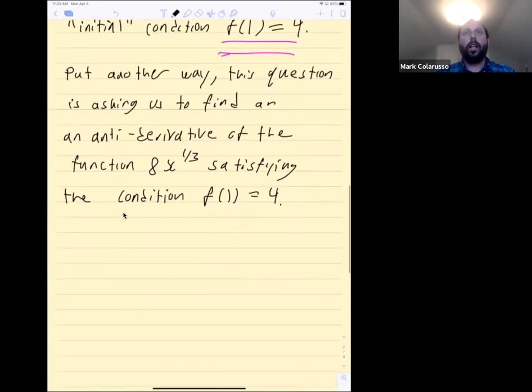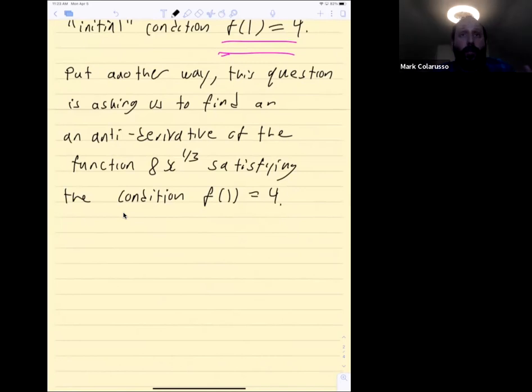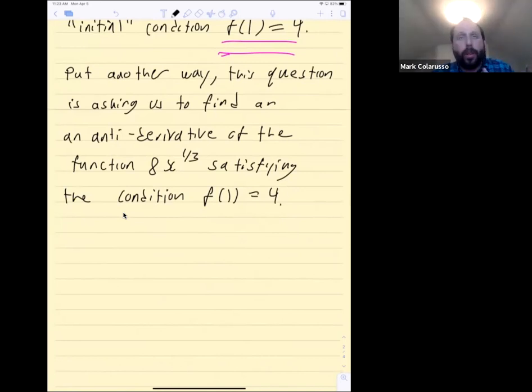Okay, so we know how to find the whole family of antiderivatives. That's just the indefinite integral, by reversing the power rule. We talked about that in the last video. So here's how we'll proceed.